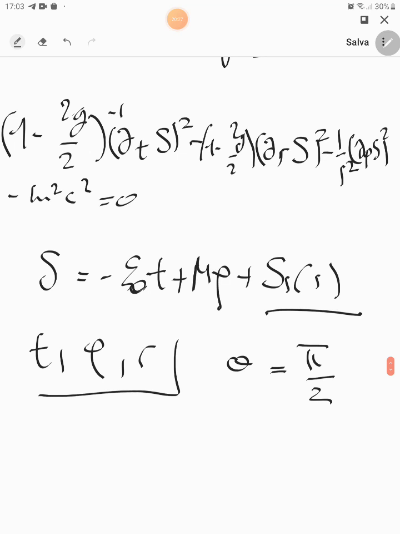We can suppose a motion in this Schwarzschild spacetime that must be a centrally symmetric motion too.